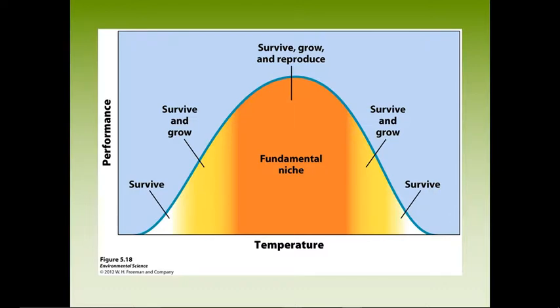If their environment is within these temperatures, then they will be able to survive, grow, and reproduce. If they are one step outwards of that temperature range, they can really only survive and grow, and if they're outside of that, they can really only just survive. The temperatures usually need to become pretty extreme in order to reach these outside survival only categories.